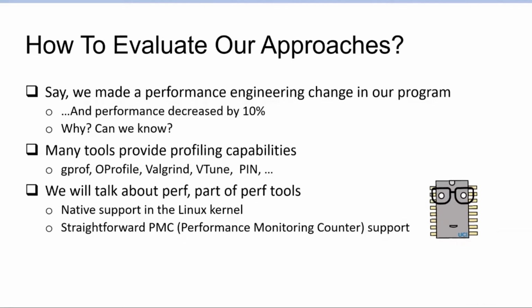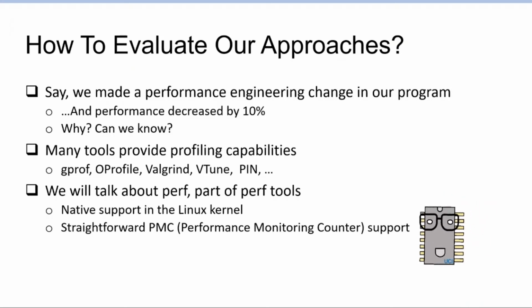So they do a very good job, with low overhead, of doing things on Linux. And the tool itself is very simple to use. Of course, it also has a lot of strength if you get into the weeds of it. But from a beginner's perspective, when you first start doing performance profiling, this is a very low overhead tool to get into. And on top of that, it has very straightforward PMC support, performance monitoring counter support.